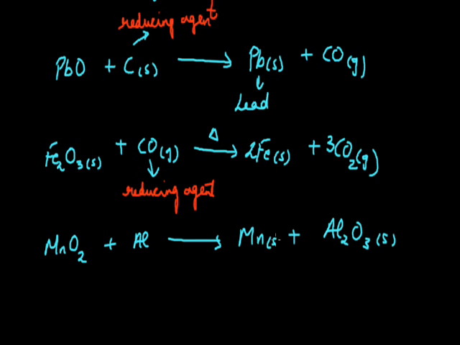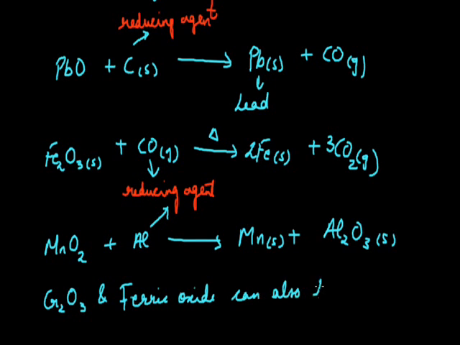So here we can say aluminium is acting as a reducing agent, and manganese oxide is being reduced. Similarly, chromium oxide and iron oxide, that is ferric oxide, can also be reduced by aluminium.